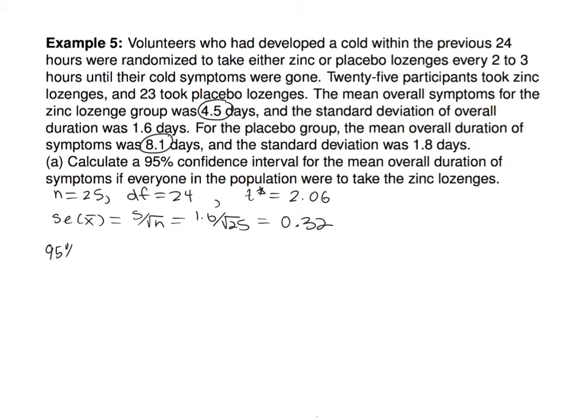So our 95% confidence interval is x bar plus or minus T star times the standard error of x bar. Well, that x bar, in this case, the mean length of cold, was 4.5.